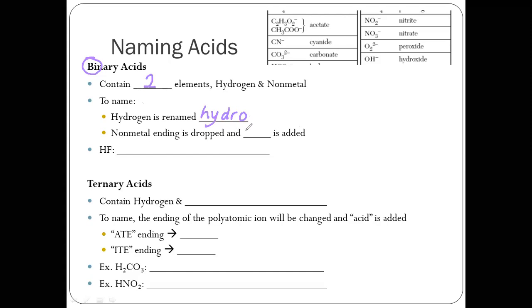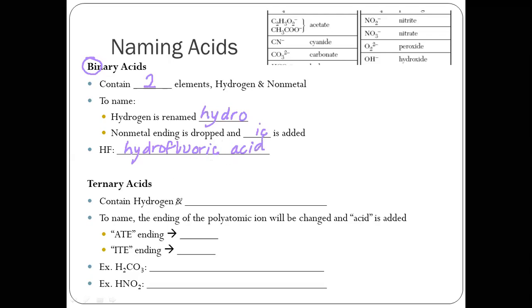Iodine, you would drop the INE ending, and you add IC. And then you add the word acid. So let's go through the rules of the HF. So H gets changed to hydro. Fluorine gets changed to fluoric, and then you add the word acid. So hydrofluoric acid.